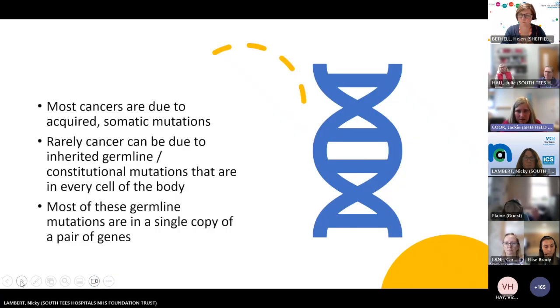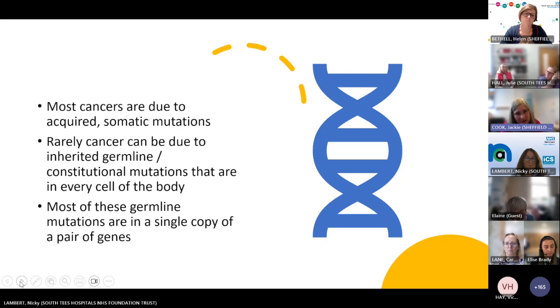So I have said that most cancers are due to acquired somatic mutations. All cancers are genetic, most are not inherited. Very rarely, cancer can be due to an inherited, what we call germline or constitutional mutation.